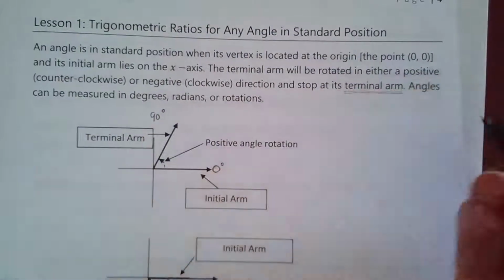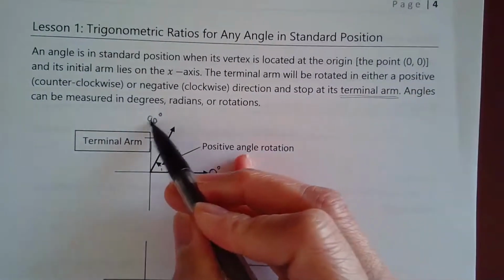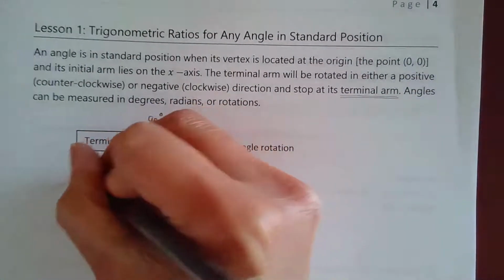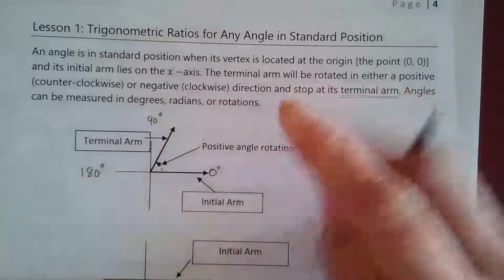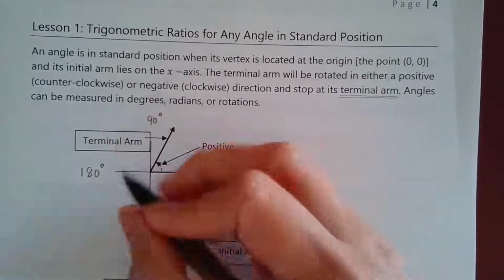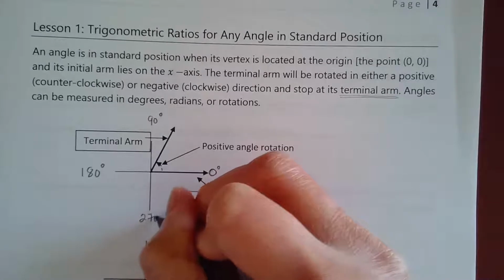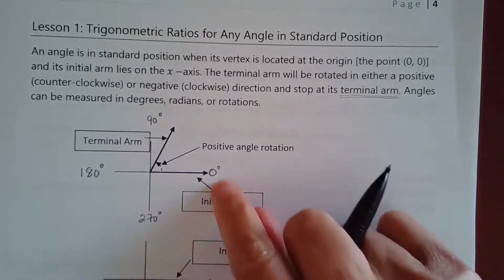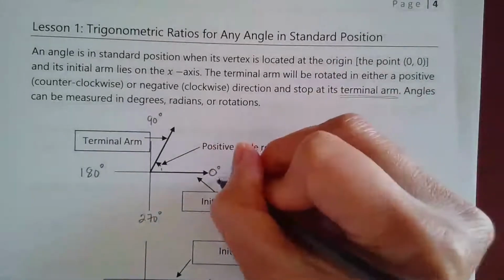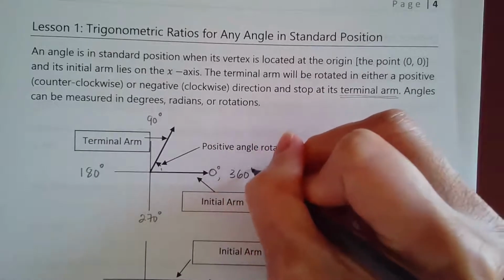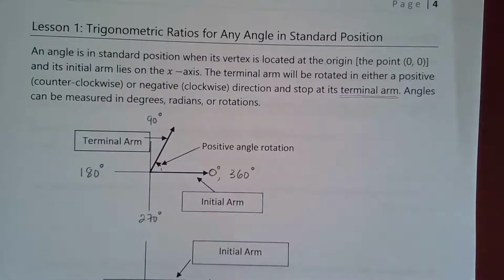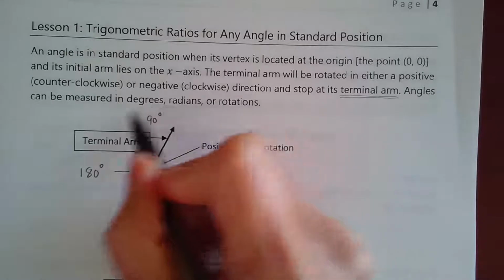Going this way, this is 180 degrees. And then going around is now 270 degrees. And then if you go one complete circle, we're going to go to 360 degrees. Okay, so one whole revolution.